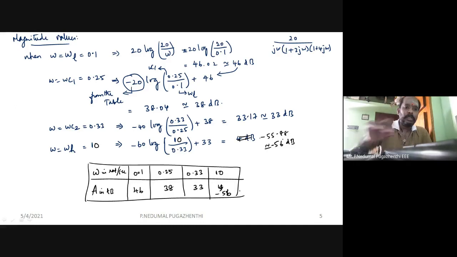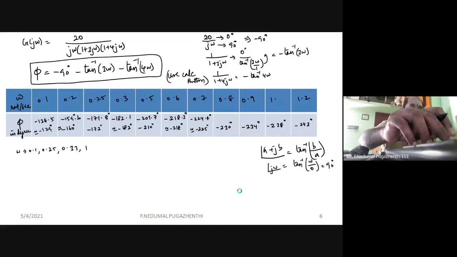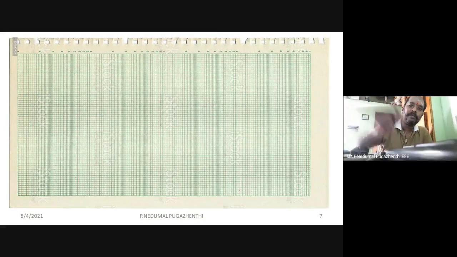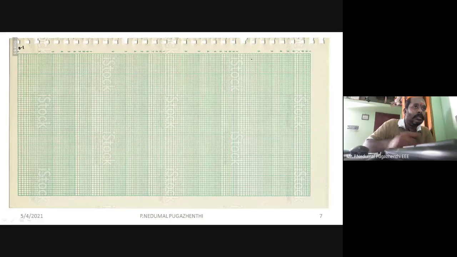So let me go to the graph sheet. This is your similar graph sheet. I hope everybody has that graph sheet with you. The first topmost one is chosen as 0.1. This is your frequency omega. The frequency chosen here is going to be logarithmic, that is log omega, and your magnitude and degree will be chosen accordingly.